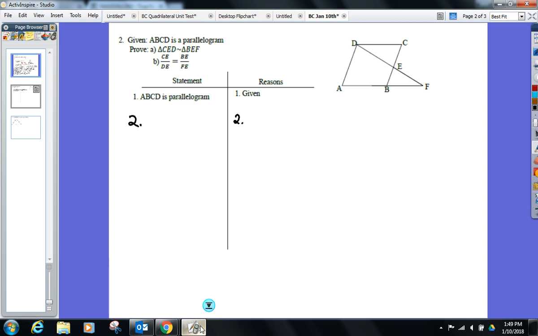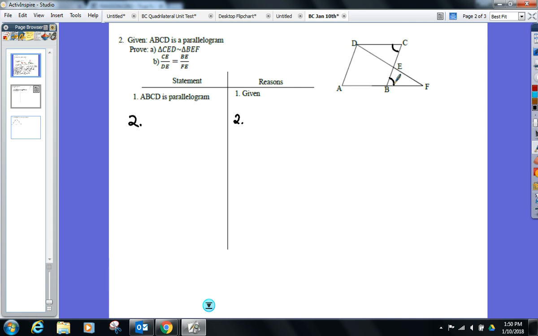Whoa. Okay. I'm thrown off because I thought you were going to take the easy way, but you didn't. I should have thought more highly of you. Angle C and angle CBF are congruent because parallel lines imply alternate interior angles.